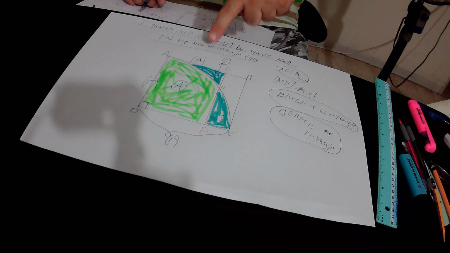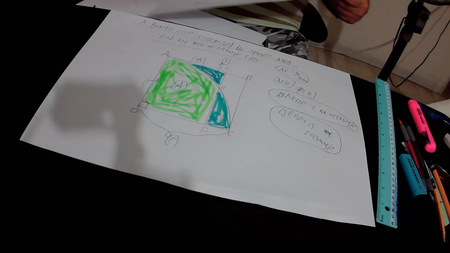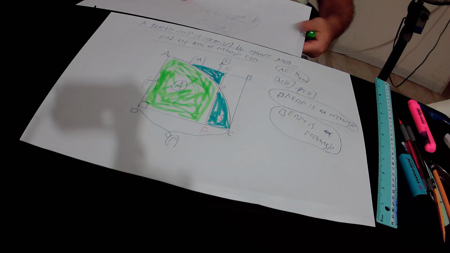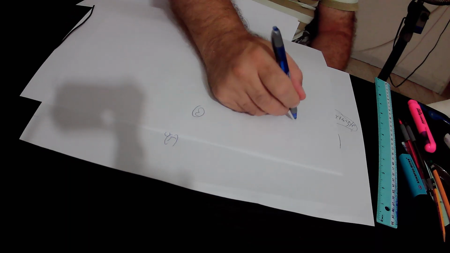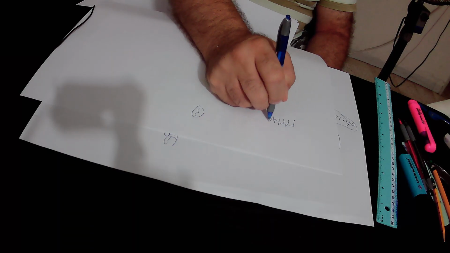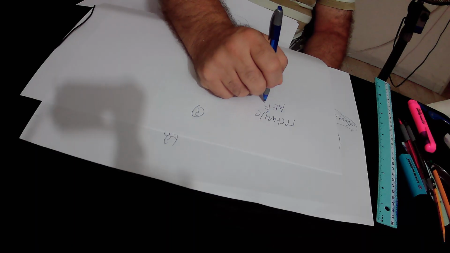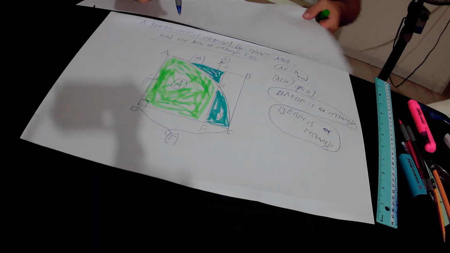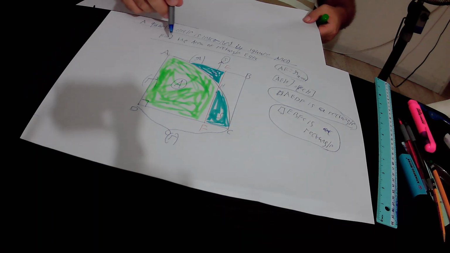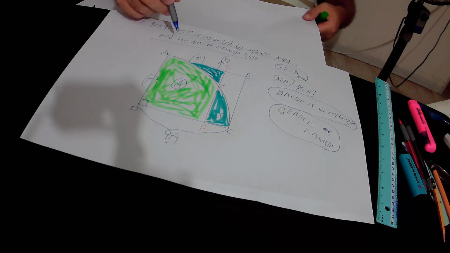So write it down: the area of rectangle AEFD is equal to the width for the rectangle, that is pi, according to what is given in the question, times the length, that is r.